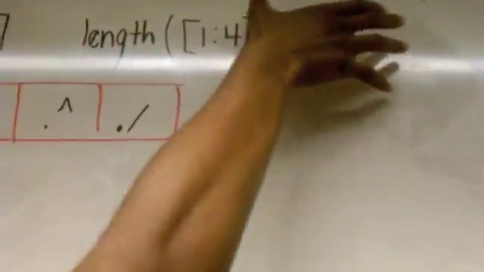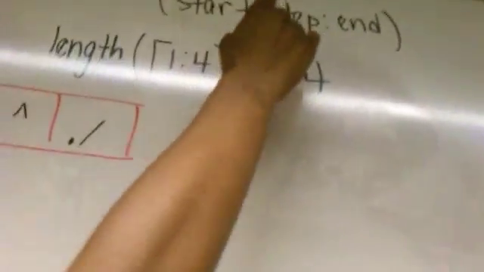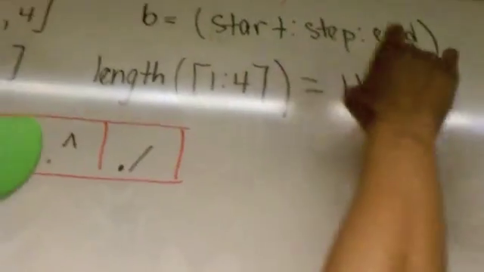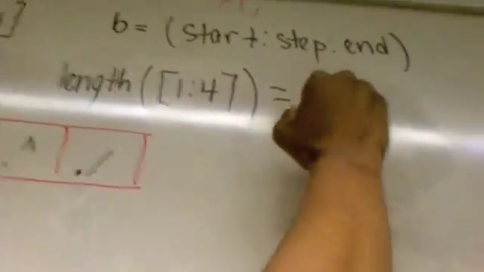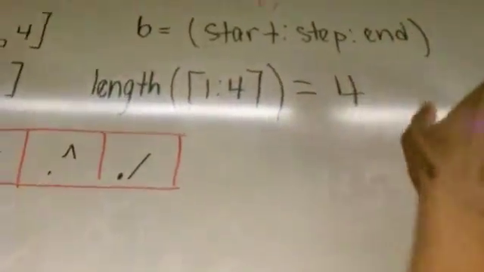First you write your parentheses, which is what I always do, then you write start, then your first colon, your step that you want to go by inside your vector, and then where you want your vector to end. This is called the colon operator. So that's another way to begin writing your vectors.